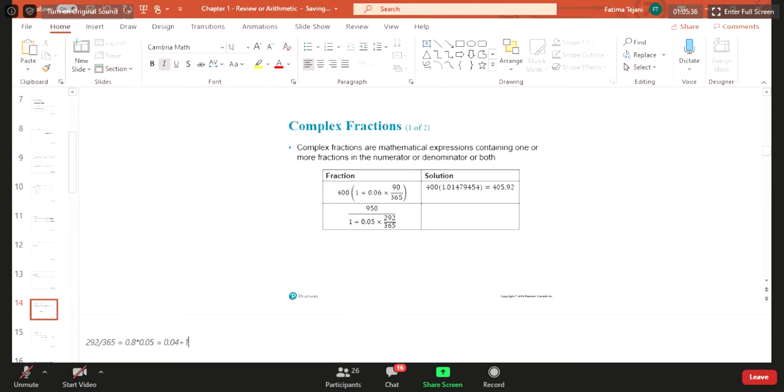Plus 1 is equal to 1.04. So 950 divided by 1.04 is 913.46.